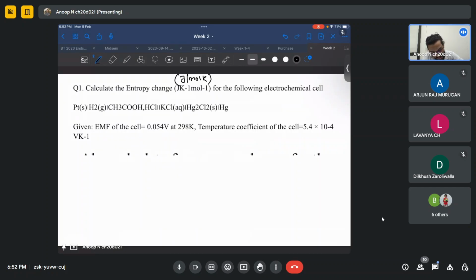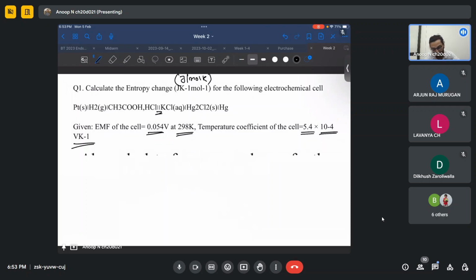Calculate the entropy change for the following electrochemical cell: Pt|H₂ gas, formic acid, HCl, salt bridge KCl aqueous|Hg₂Cl₂|Hg. Given EMF of the cell is 0.054 V at 298 Kelvin. Temperature coefficient of the cell is 5.4 × 10⁻⁴ volt per Kelvin.